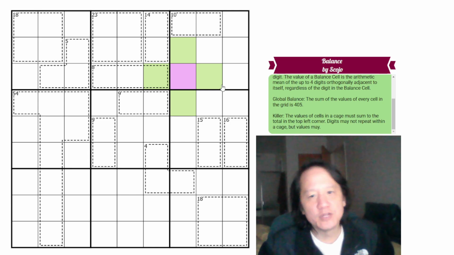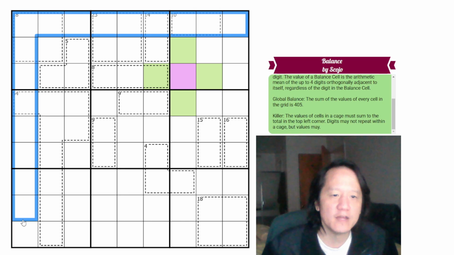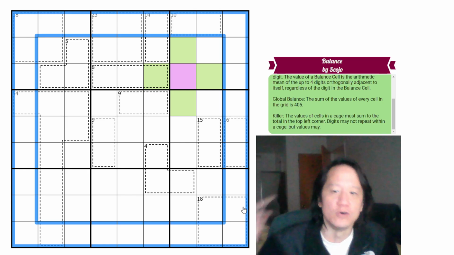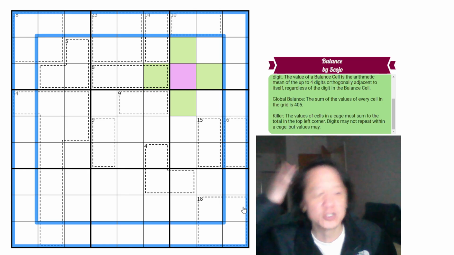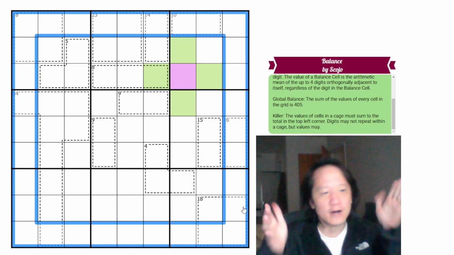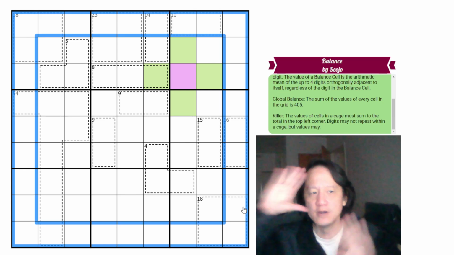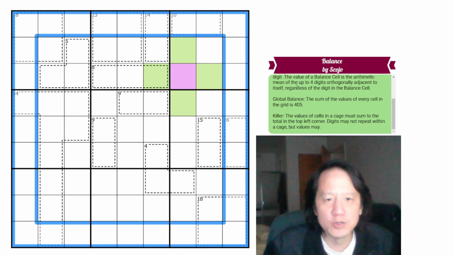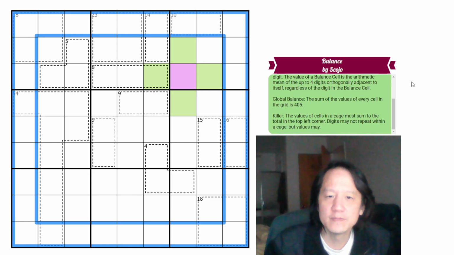So the values of every cell in the grid, if you sum them up, add up to 405, which is the normal value of a normal Sudoku grid, if you sum up all the values. But obviously with the balance cells, that can shift around how much each value is, so it's not necessarily the sum of 1 through 9.